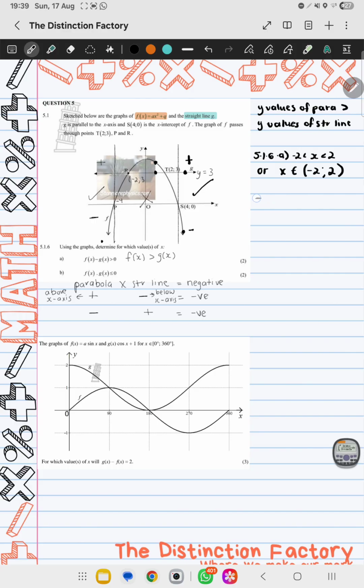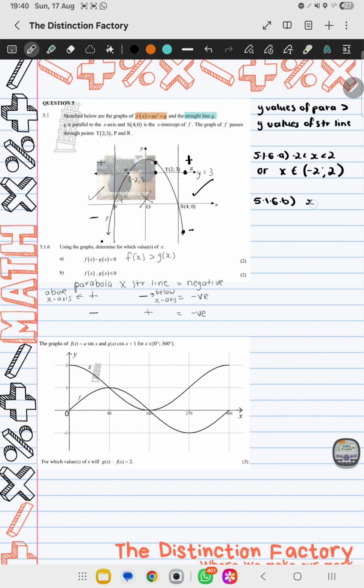Now it leaves us to a matter of writing out our answer. This has two different sections to it. It is not one continuous section like what we had in our previous answer. Here we are specifying two sections, so we cannot put it as a continuity like what we did up here. Instead, we will write them as two separate answers. So our x value for P, which was our x-intercept, was -4.